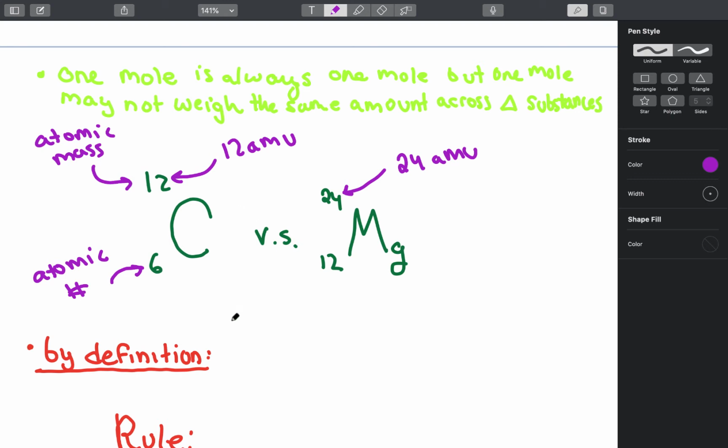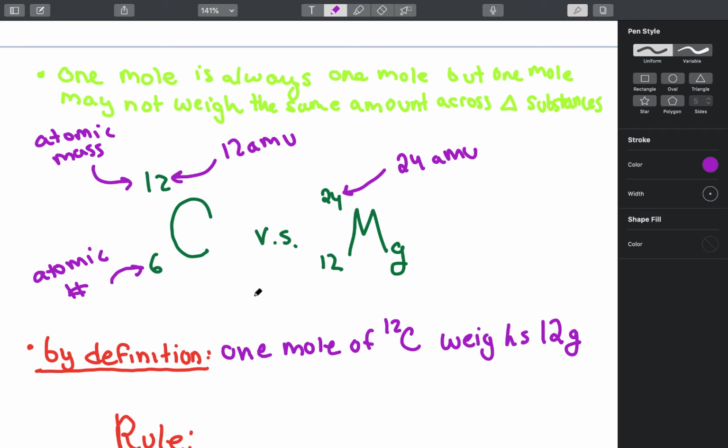But by definition, 1 mole of carbon 12 weighs 12 grams. So by transitive property, 1 mole of magnesium must weigh 24 grams.